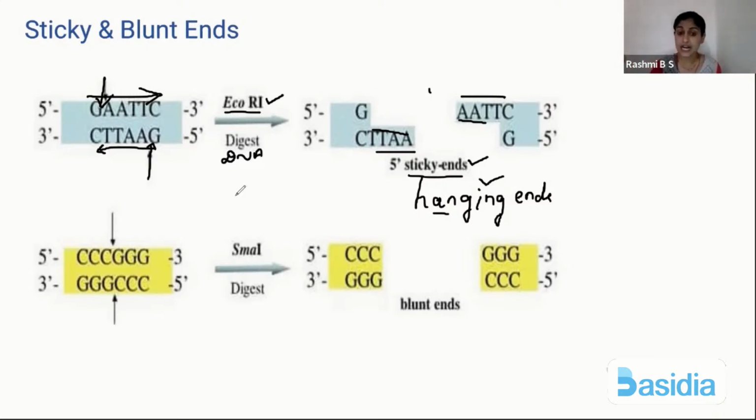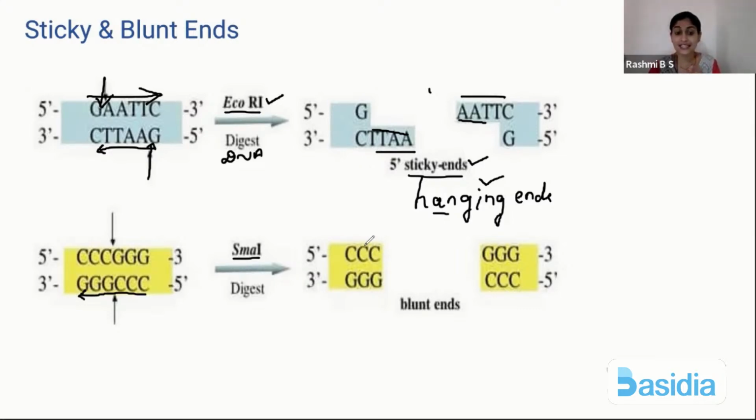Sometimes if you use some other restriction enzyme, say for example, in this case, I have taken SmaI. This is another restriction enzyme. The recognition site for SmaI is CCCGGG, 5 prime to 3 prime.